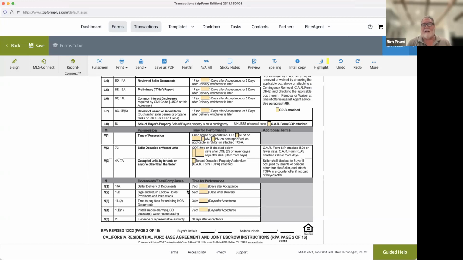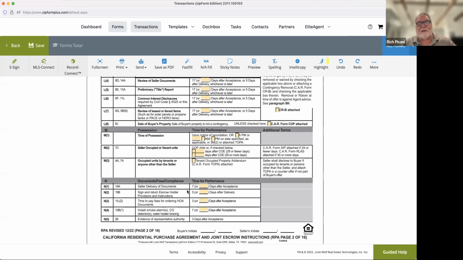The escrow officer has the duty to make sure that these people are who they say they are, and they need that paperwork back because it has the person's information, where they lived previously. This is all ways to verify the identification of the individuals. So whichever side you're working on, make sure that they return these documents to escrow.